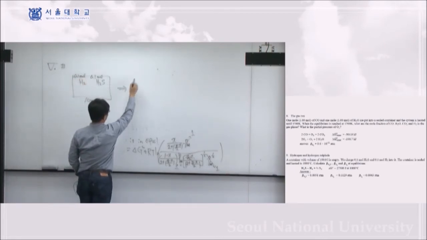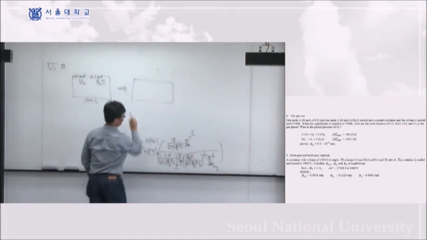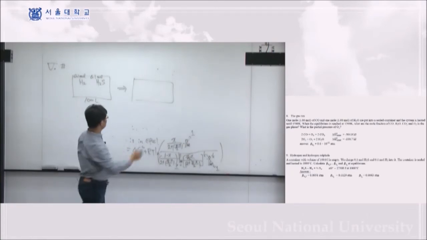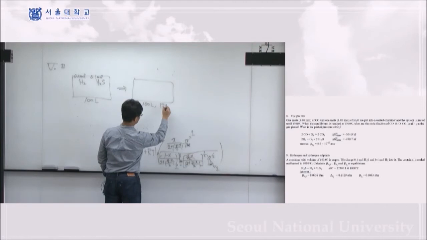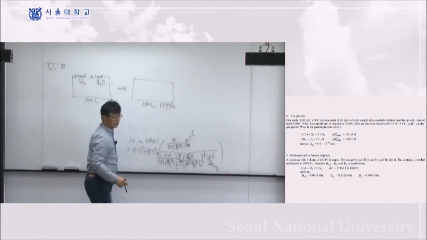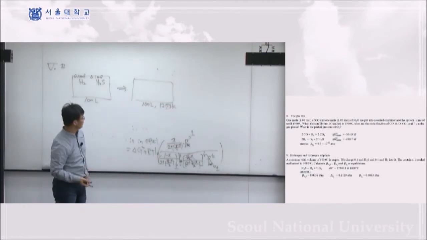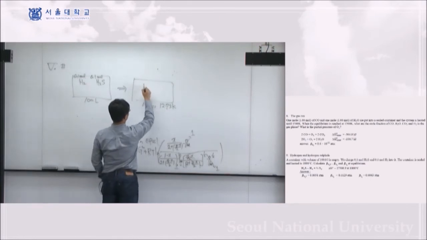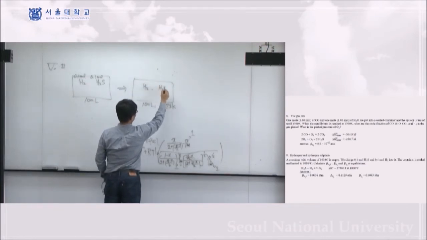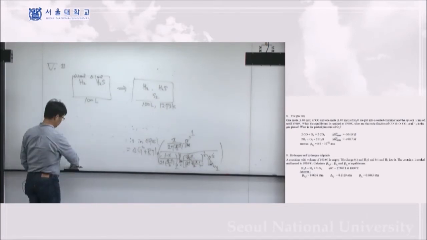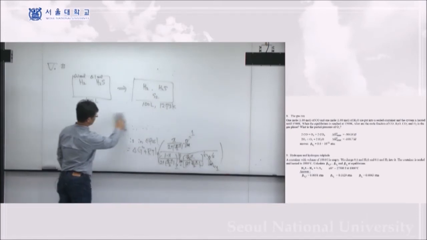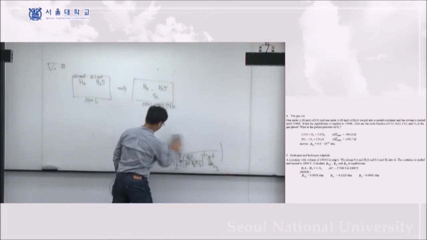I'm making chemical equilibrium in the final state at 1000 degrees Celsius, so it's 100 liter and 1273 Kelvin, 1000 degrees Celsius, and this will form H2, H2S, and S2 gas, all three gases. What's the partial pressure of each of the three?